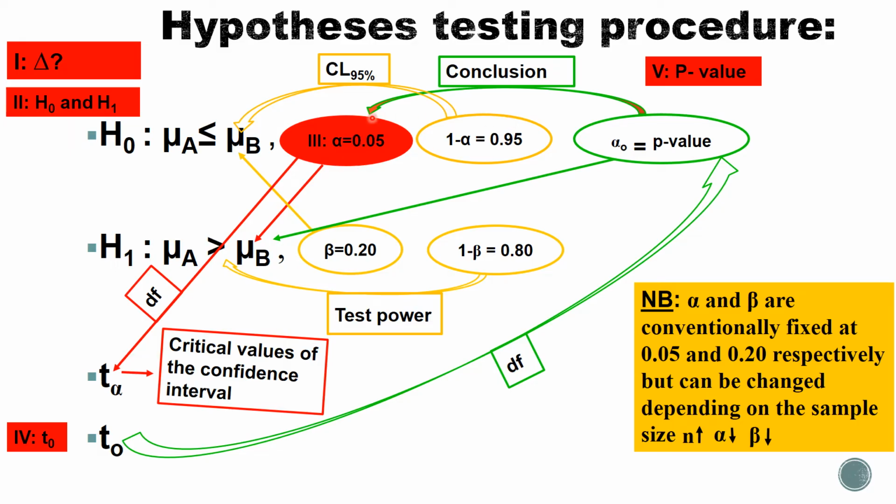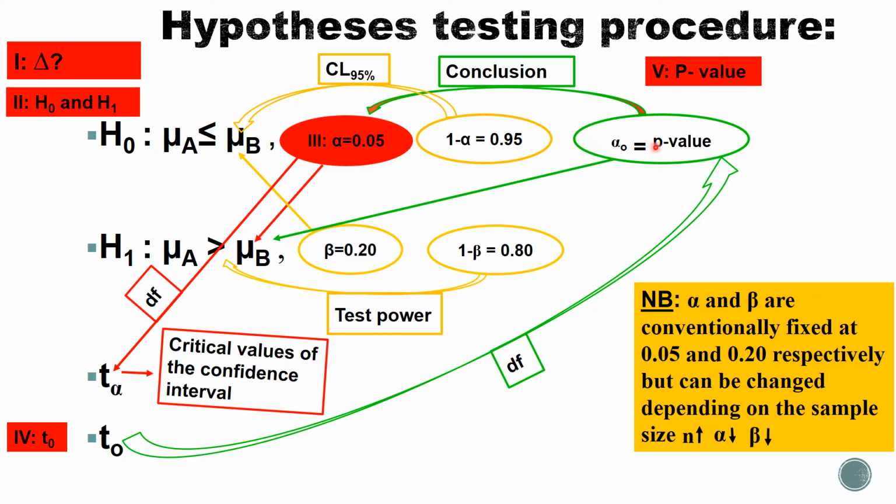In the case where the p-value is less than alpha, what it means is that we have a lesser probability that the observed results would be due to sampling error.